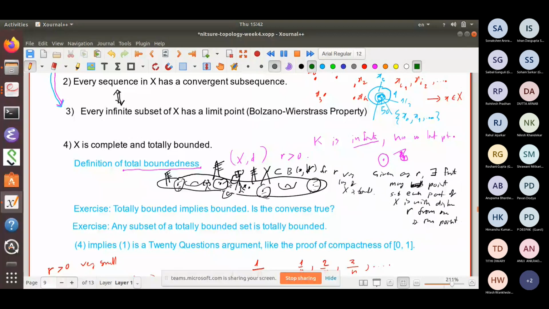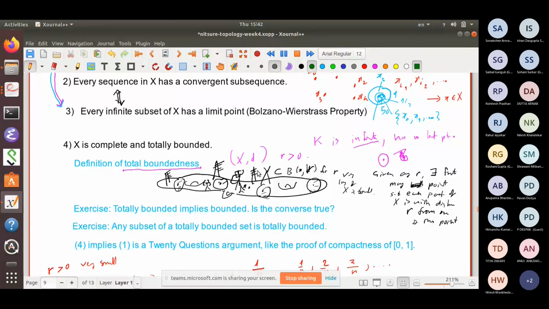That's total boundedness. And he motivated it by saying that the center of the ball is the mobile tower, and the radius of the ball is the radius of effectivity of the tower. So you want to cover your country or city or whatever it is by mobile towers, so that every point is within that given radius of the tower. Can you do it with finitely many towers?